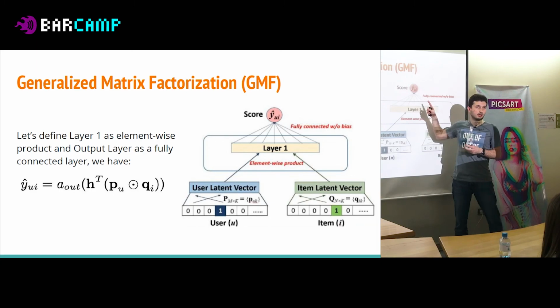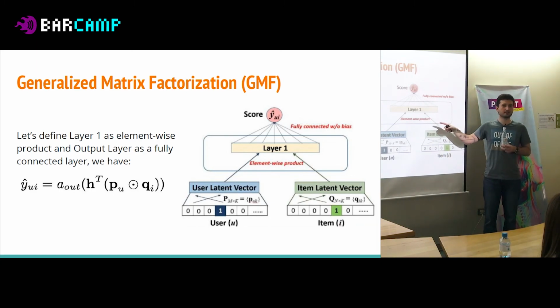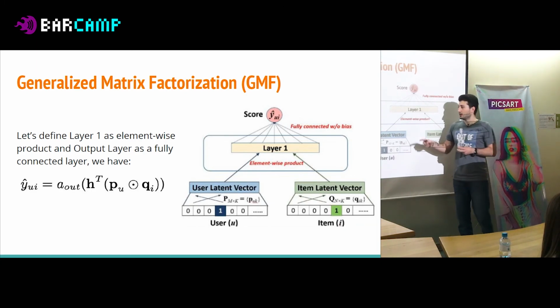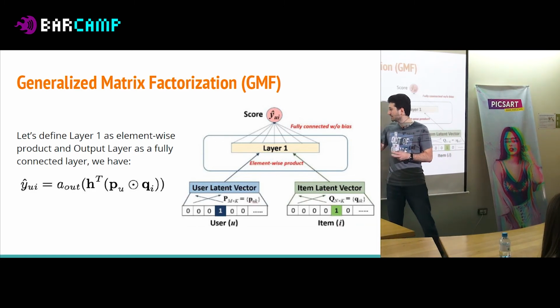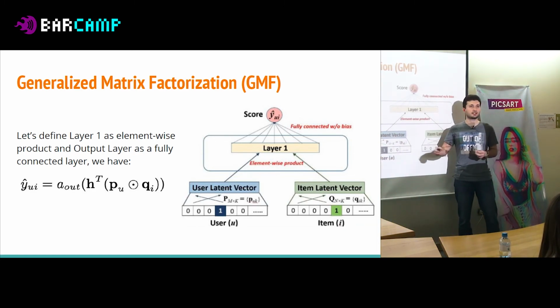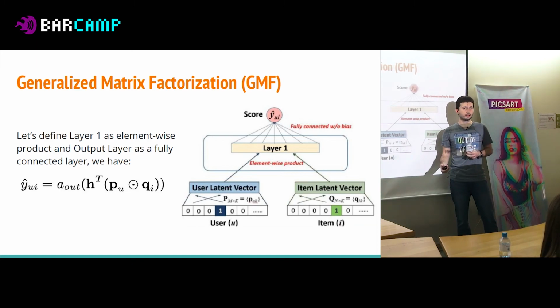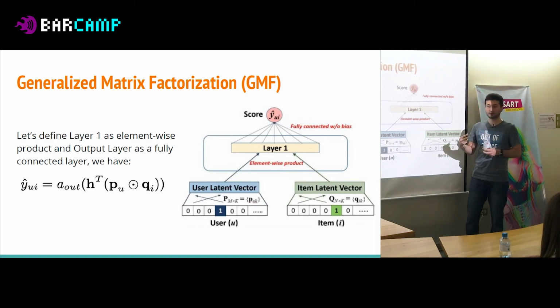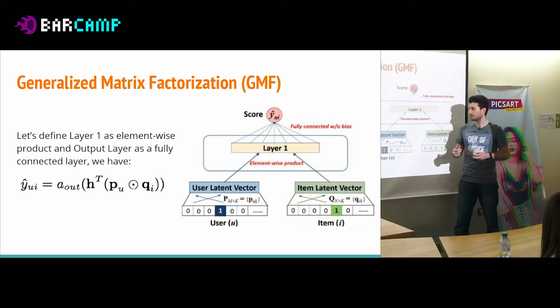Why does this architecture already generalize matrix factorization? Because P_U and Q_I are, as I said, analogous to latent factor vectors from matrix factorization.